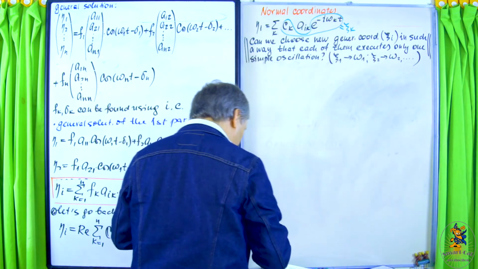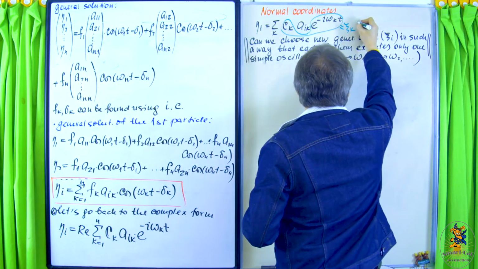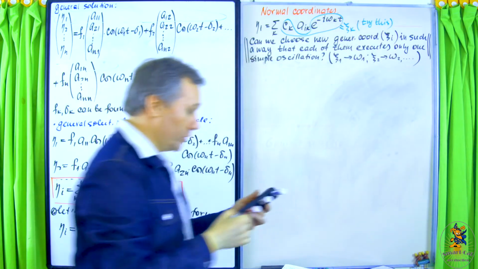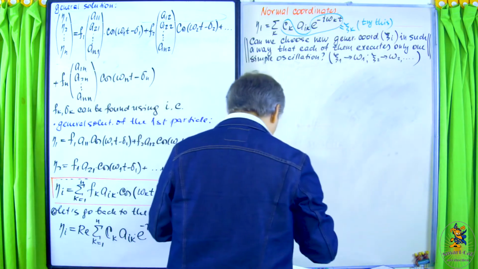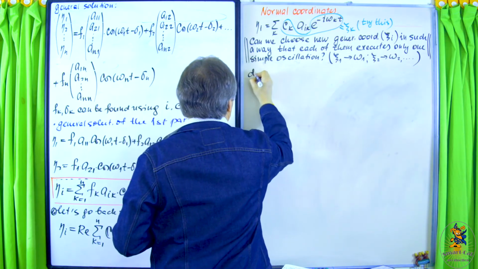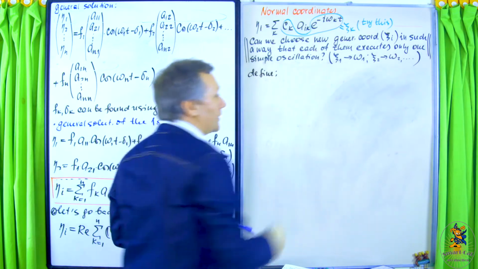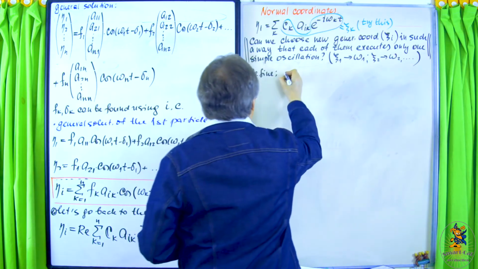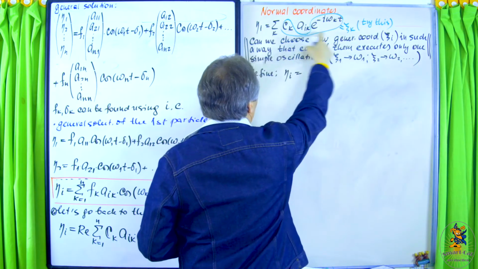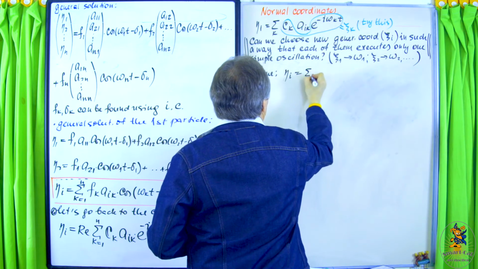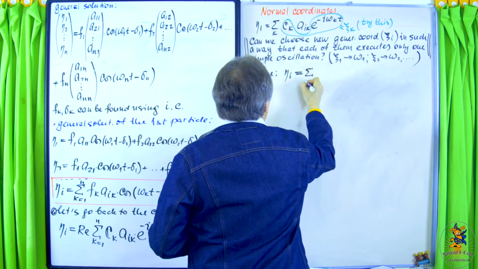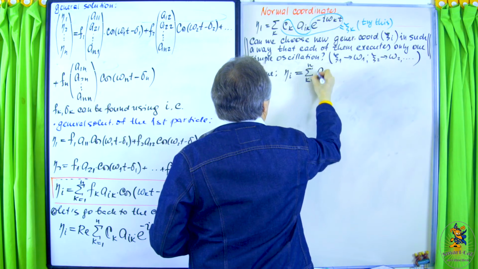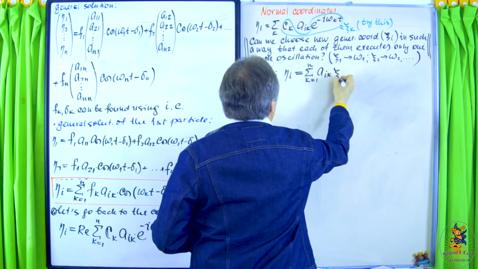Okay, so as a result, I can write. So let's try this. We can say by definition, let's define, as a result, we can take this as a definition: eta_i equals, I'm just rewriting this with psi, the summation over k, of course from 1 to n, of a_ik psi_k.